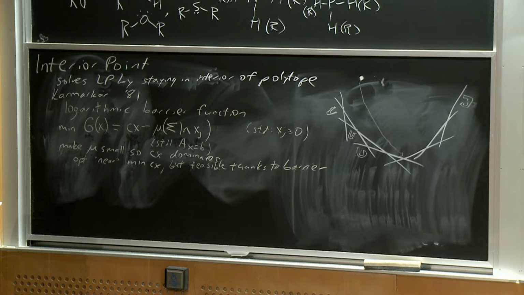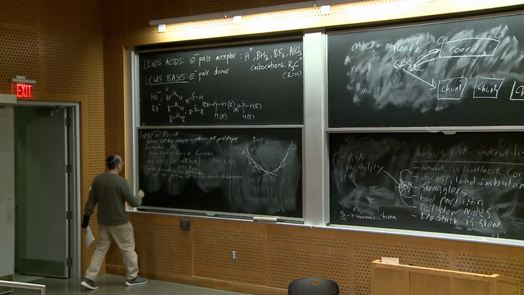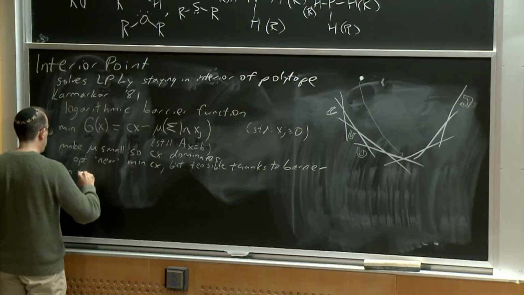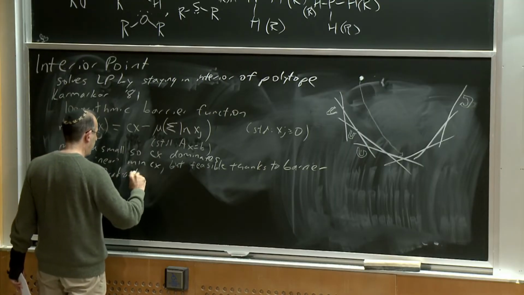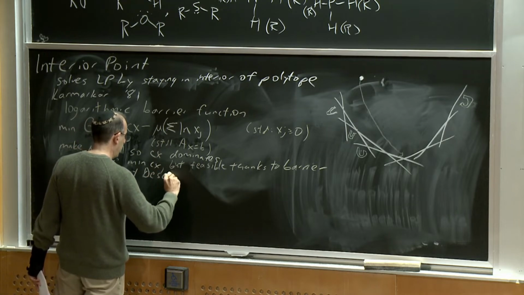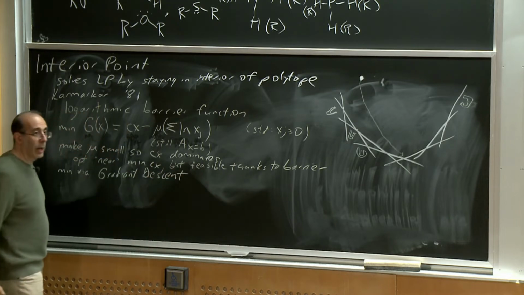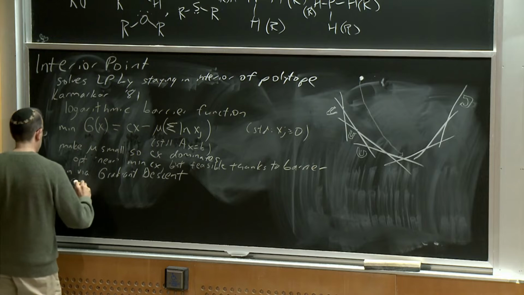So how do you minimize a function like this? You could maybe do gradient descent. Exactly. So minimize via what's known as gradient descent. You have a current x.